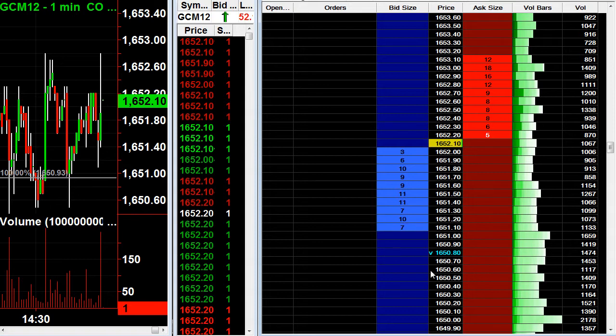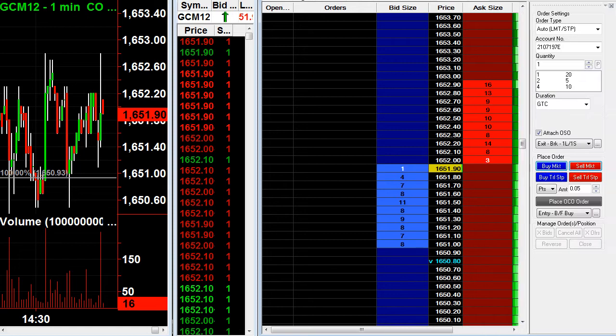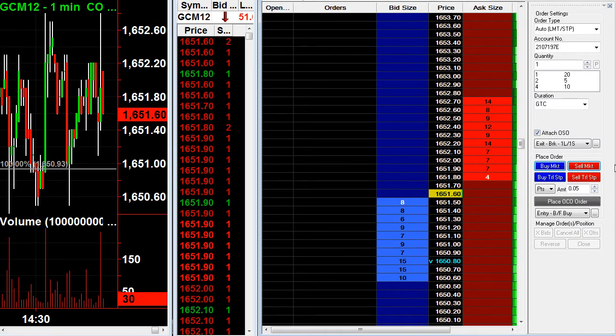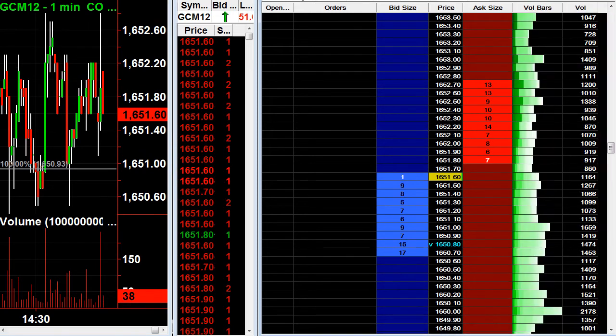So let's talk about some basic order mechanisms. If you were going to do just a basic market order, you just hit buy market or sell market. I'm going to pull this in here so you can see this. And these buttons are buy market, sell market, buy trailing stop, sell trailing stop. Let's say that you were thinking gold was going to go up, and instead of just buying it at the market, you could just go boom, and you would buy one.